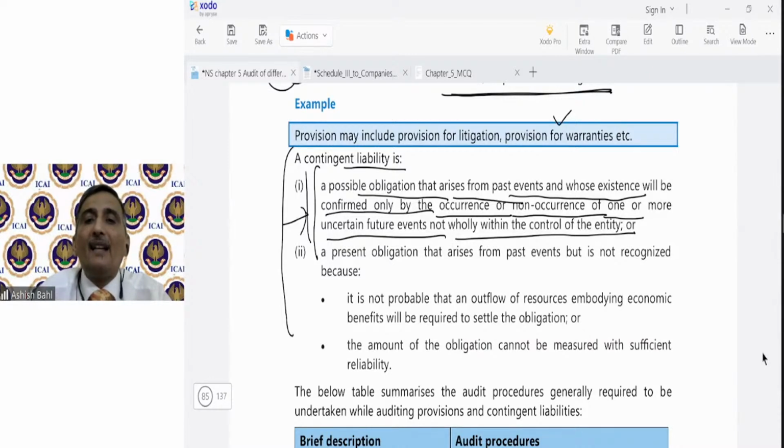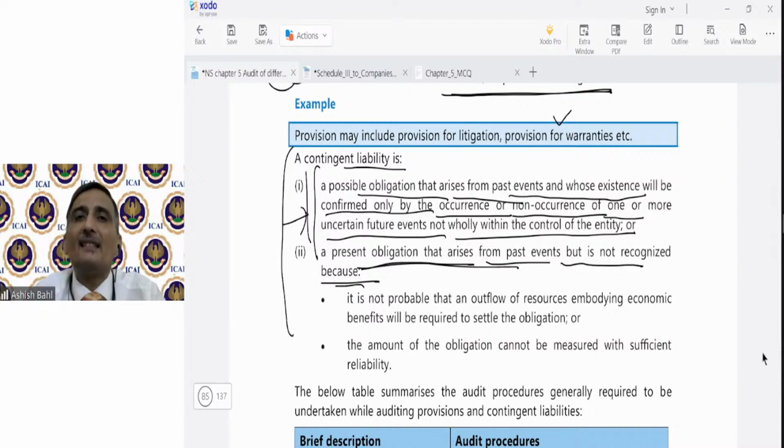So, or a present obligation that arises from past events but is not recognized. It can be the case that a present obligation has arisen but it is not recognized because there is not a probability of outflow of resources embodying economic benefits, that is, money would not be required to settle the obligation, or the amount of the obligation can't be measured with sufficient reliability.